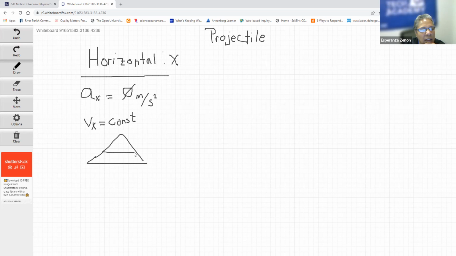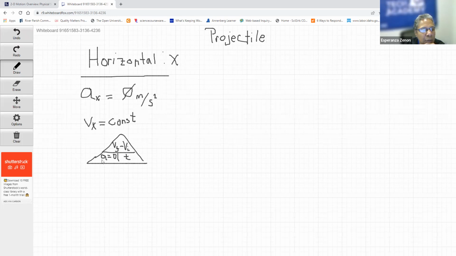Okay. So remember, A goes right here, but A is equal to 0. And then you have T here, and you have VF minus VI.